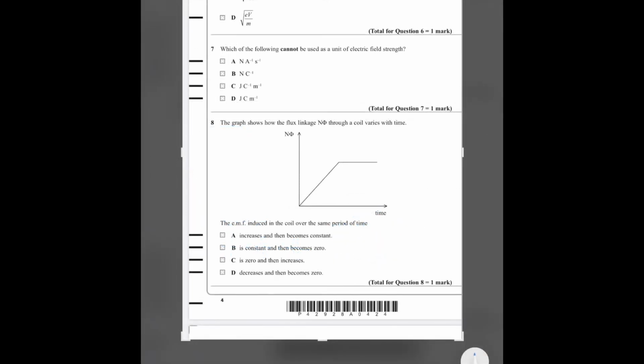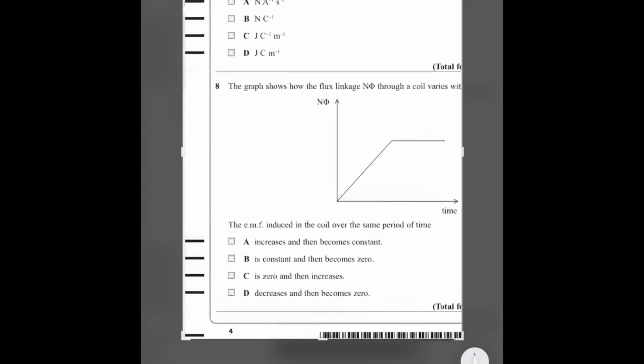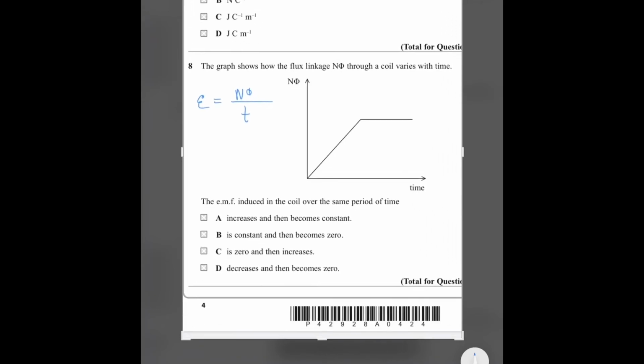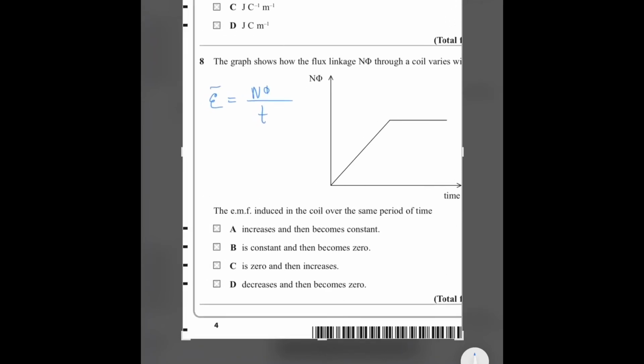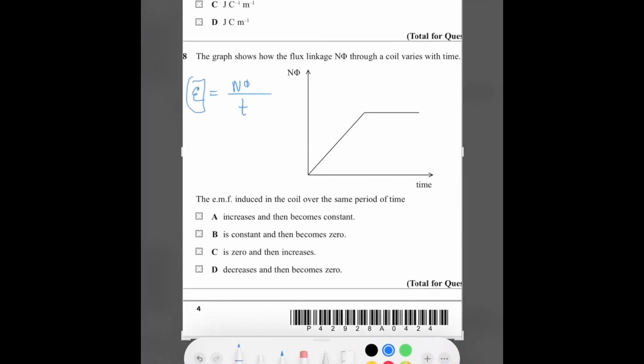Number 8. The graph shows how the flux linkage Nφ through a coil varies with time. The EMF induced in a coil over the same time period. So we have EMF induced equals Nφ by t. We have the Nφ here and t here.